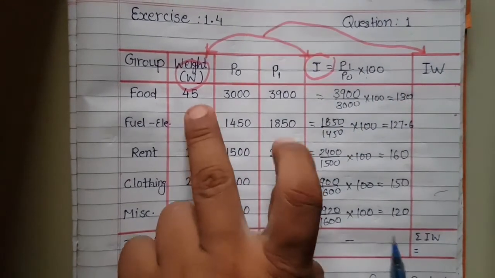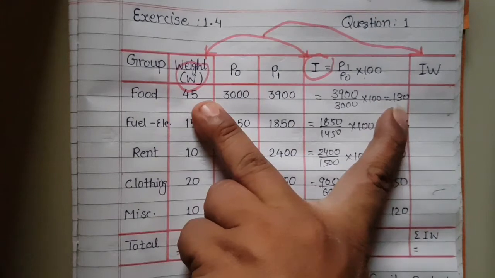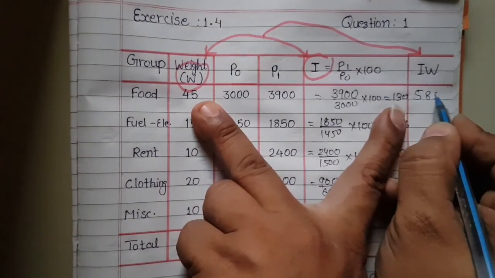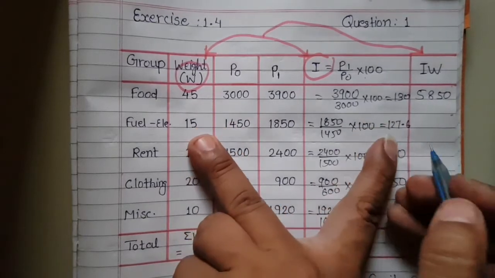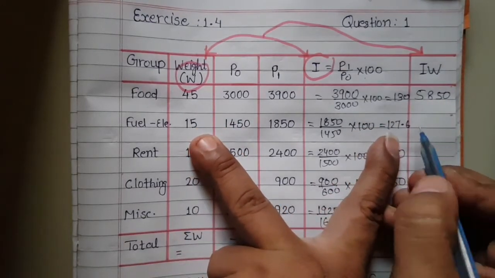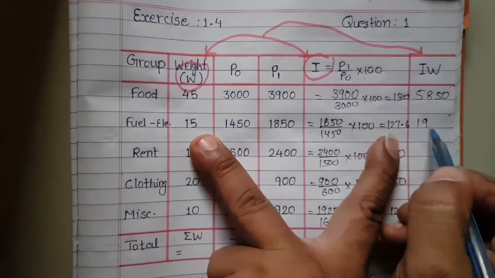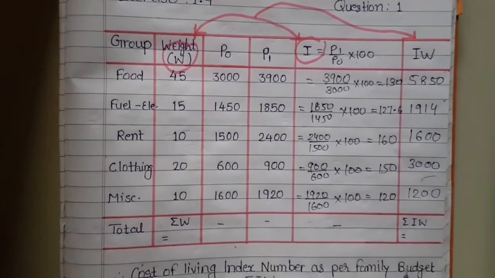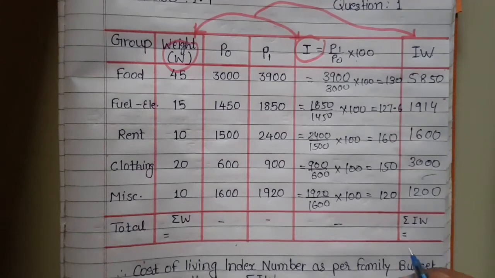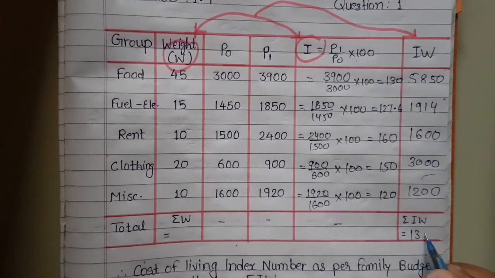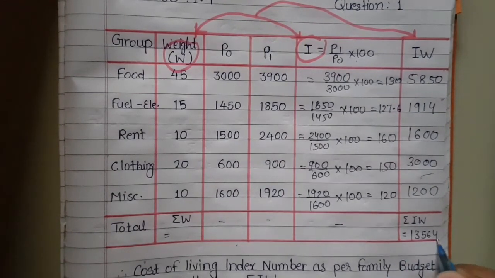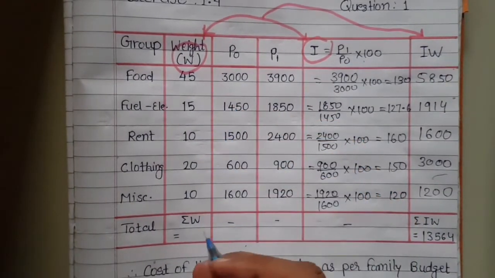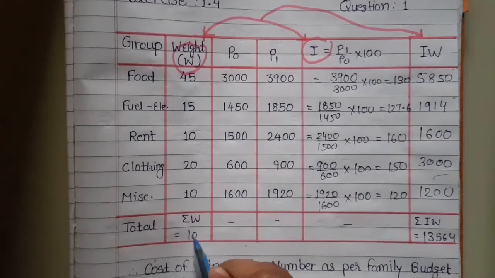So here 45 multiplied by 130 I will get 5850. Then 15 multiplied by 127.6 I will get 1914. I need the sum of this column, so sigma IW will be 13,564 and I need the sum of W also, so sigma W will be 100.